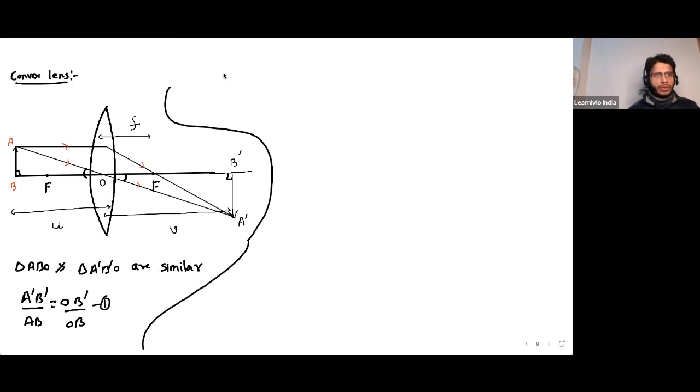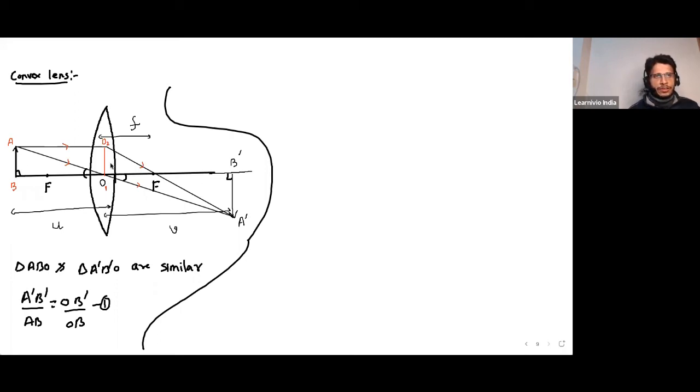Next, this is O1, this is O2. I just take this line parallel to AB.